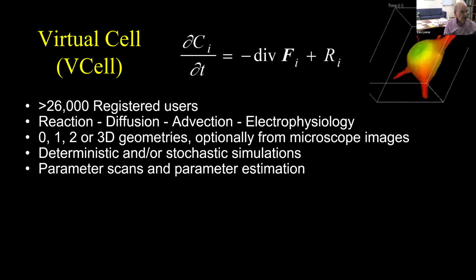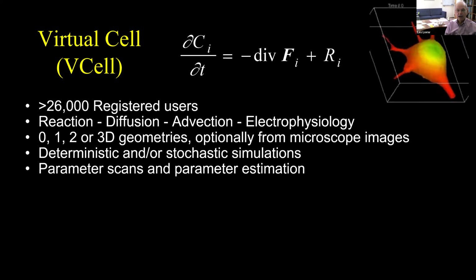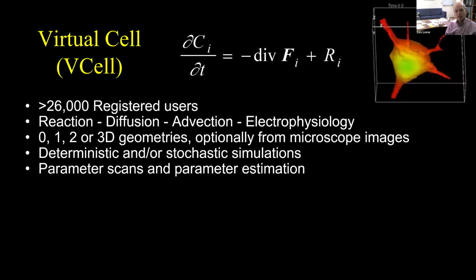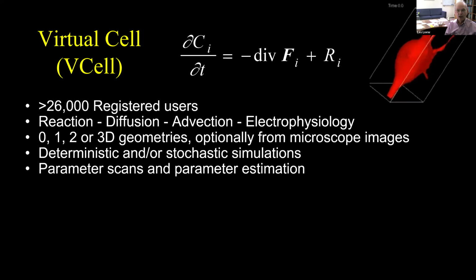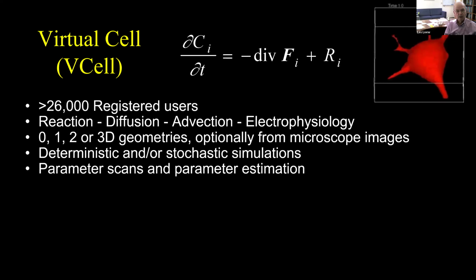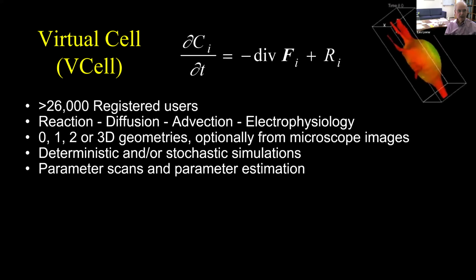We can do parameter scans where you can automatically set up multiple simulations to check an array of parameters and how that changes the simulation results. So that's what we mean by a parameter scan. And we can also do parameter estimation. The reason we can do parameter estimation is because we are partnering with Copasi.